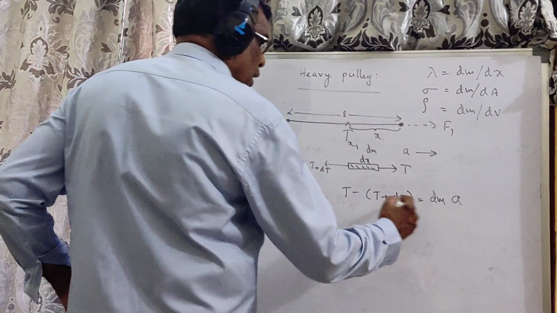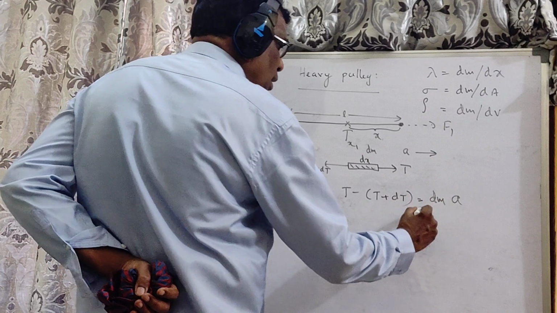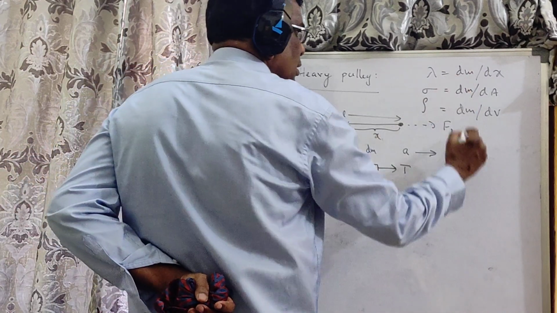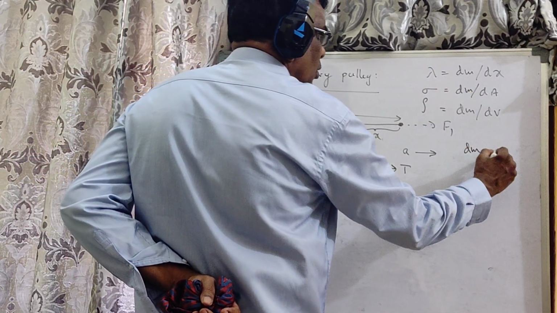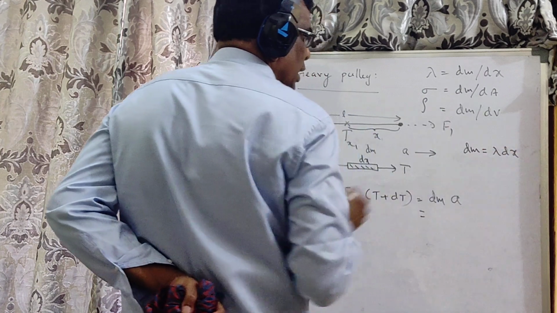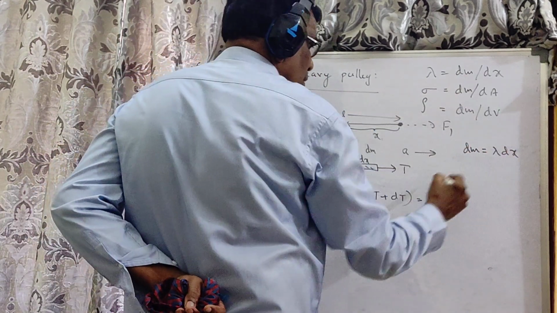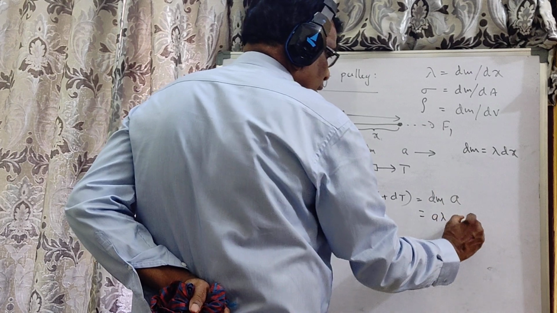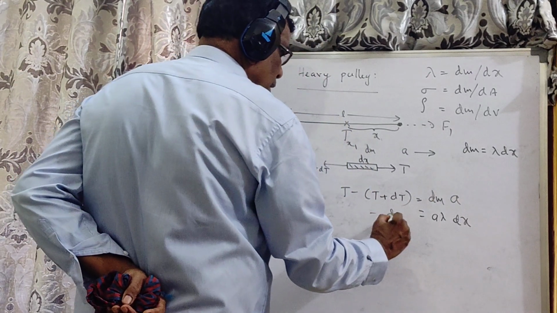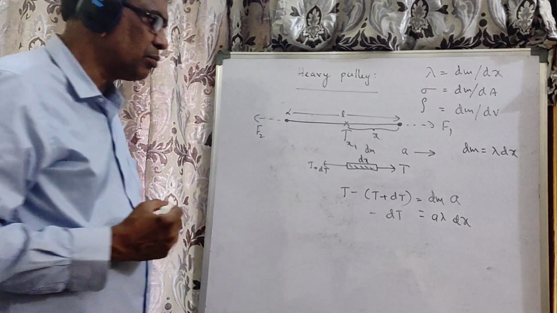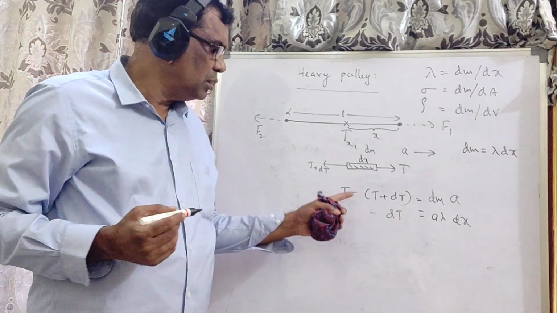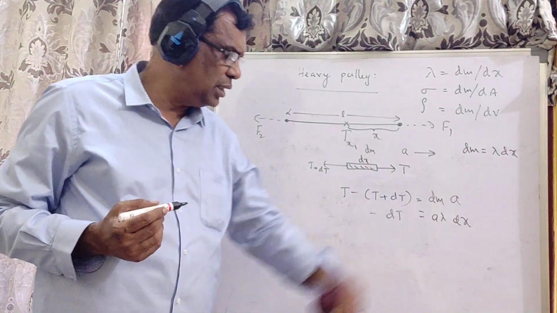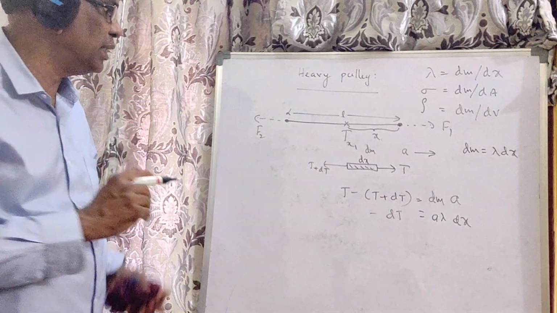Now, what do you get here? The dm, I can write it as dm is equal to lambda dx, isn't it? So I will write here lambda dx a, and this is minus dT. You got this? So minus dT is a lambda dx.